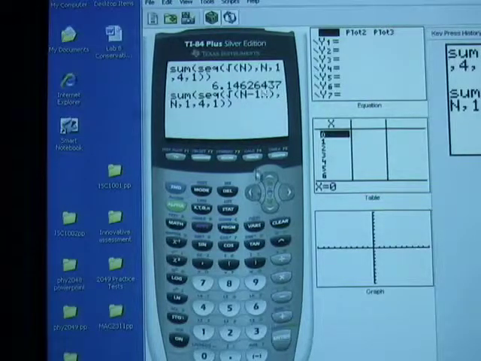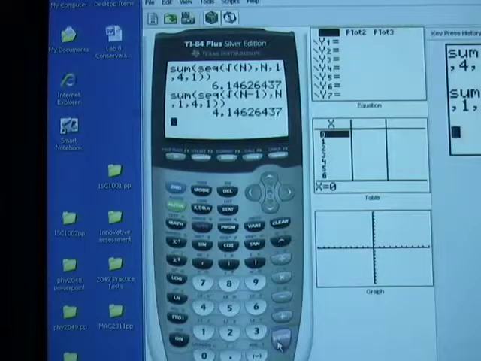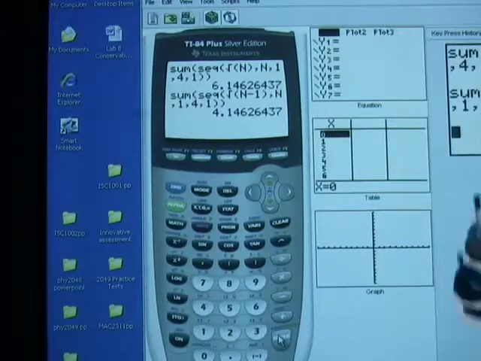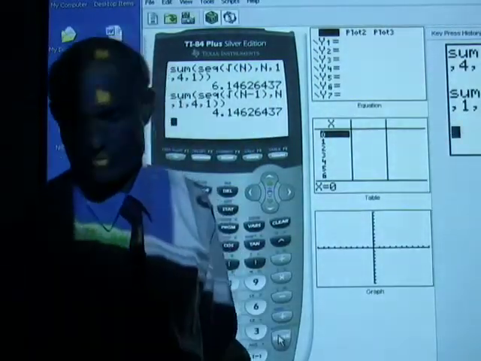There you go. And there is an n there, just delete that. So our original n has now become n minus 1, and press enter, and you get 4.146. That is the left area that we had. So we got the right area and the left area on the calculator.